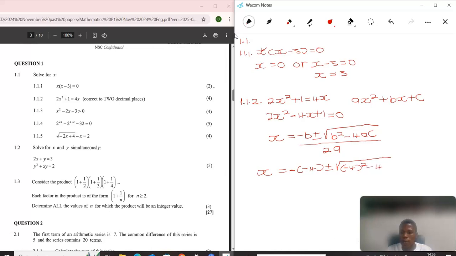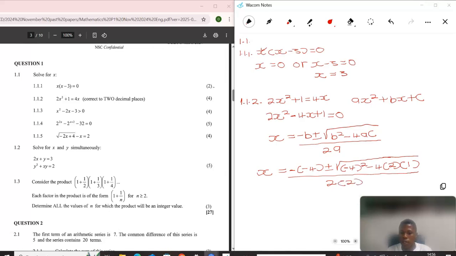You know that your a is the coefficient of the x squared, and the coefficient of the x squared is 2, so you substitute 2 there. Your c is 1, therefore you write 1. Okay, don't forget your division line. Therefore you say 2, because you know that your a is 2.